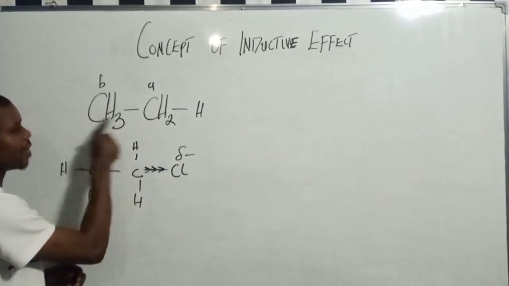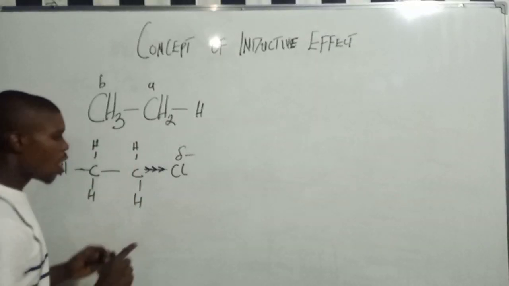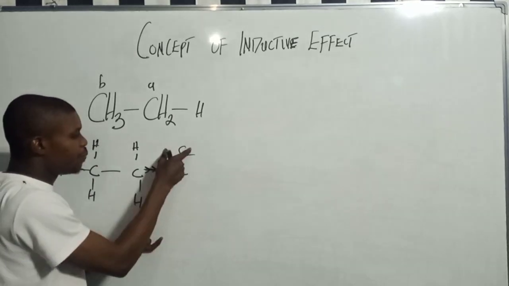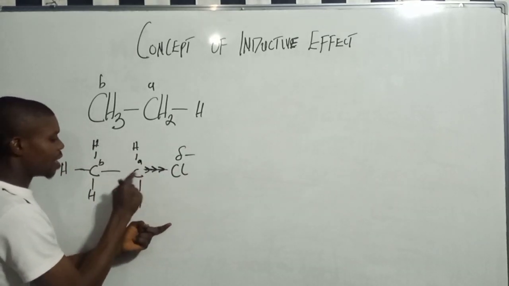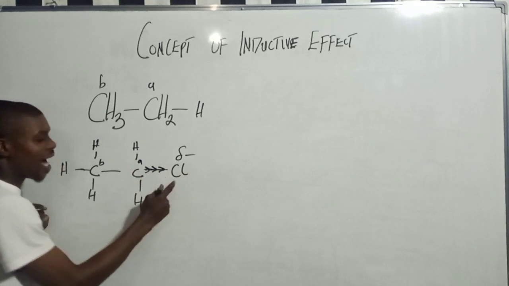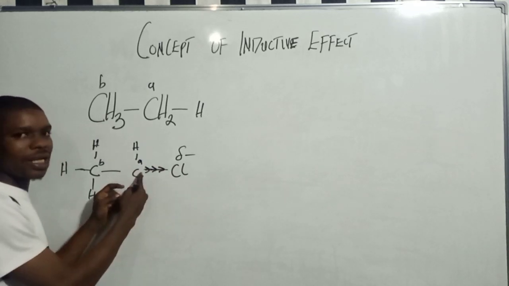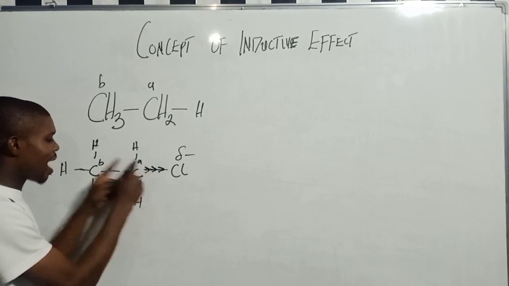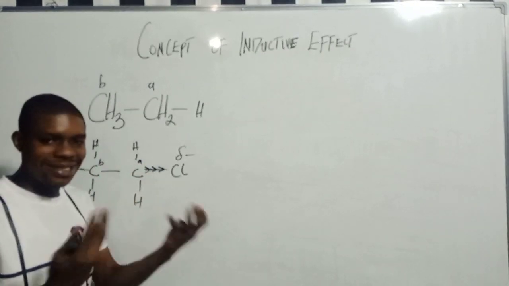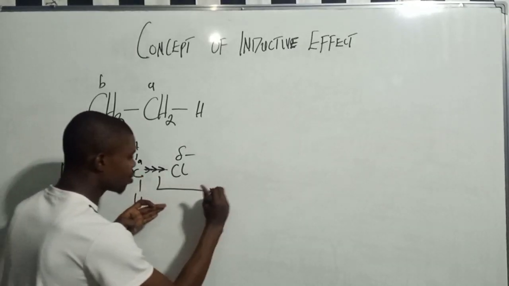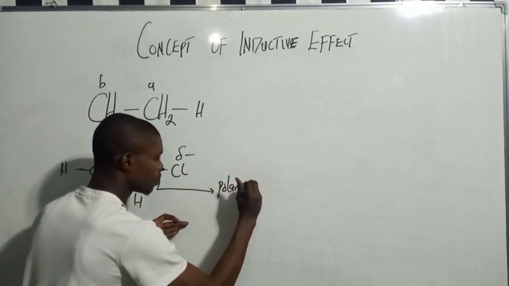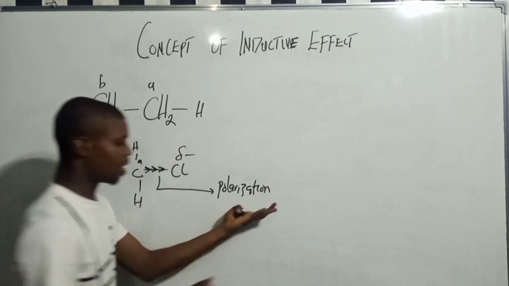Now remember at this point, these two carbons are the same, right? But when chlorine pulls electron away from this first carbon, A and B, because chlorine has withdrawn electron from this carbon, carbon A and carbon B are no longer the same. Remember, when chlorine pulls electron away from carbon, polarization has occurred here, right?